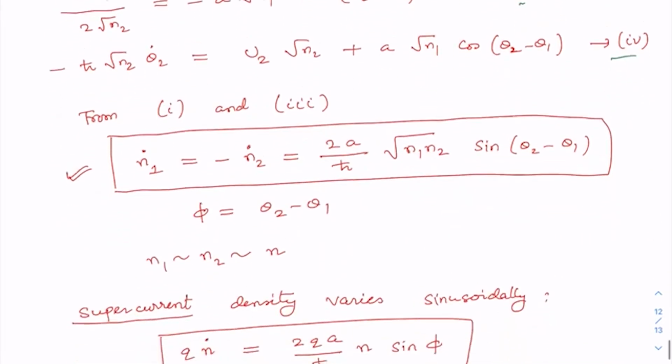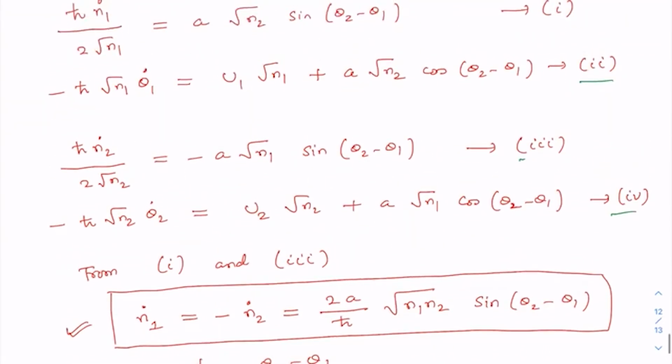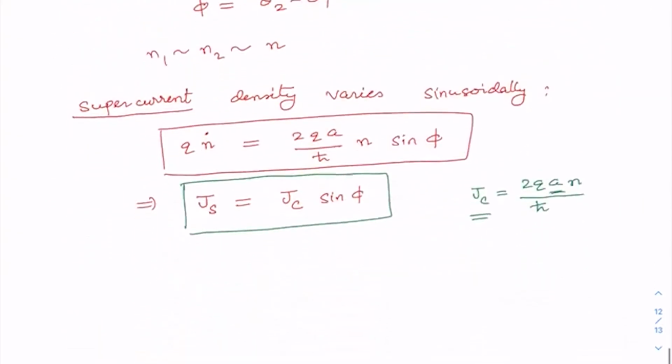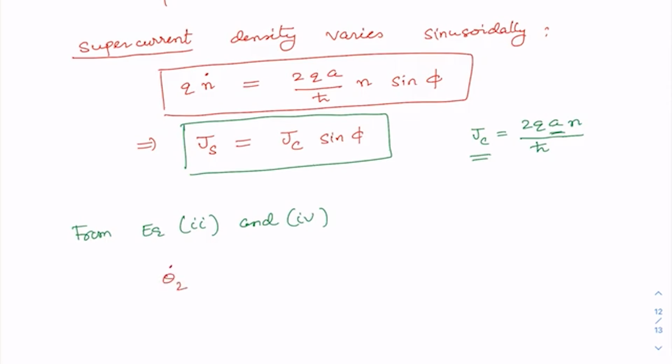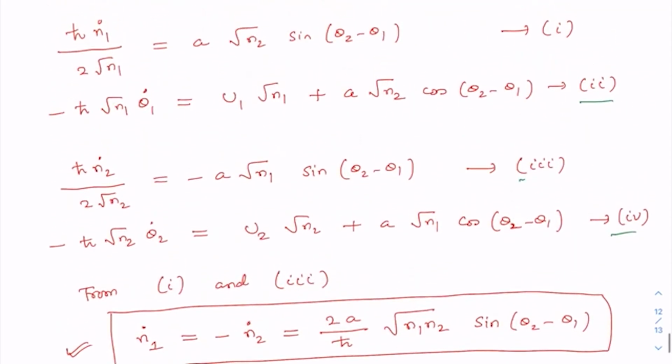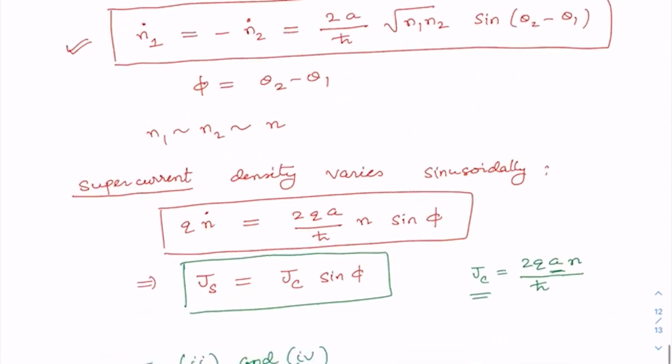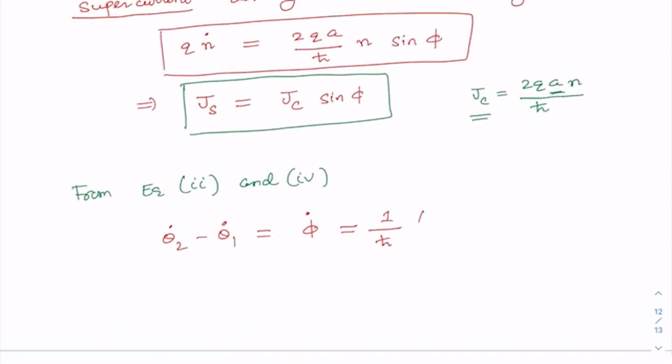So from equation number 2 and 4, if you look at these equations carefully, we will get θ2 dot minus θ1 dot, which is actually φ dot, that is equal to 1 by ħ. If you subtract 2 from 4, you will get this expression, E1 minus E2.